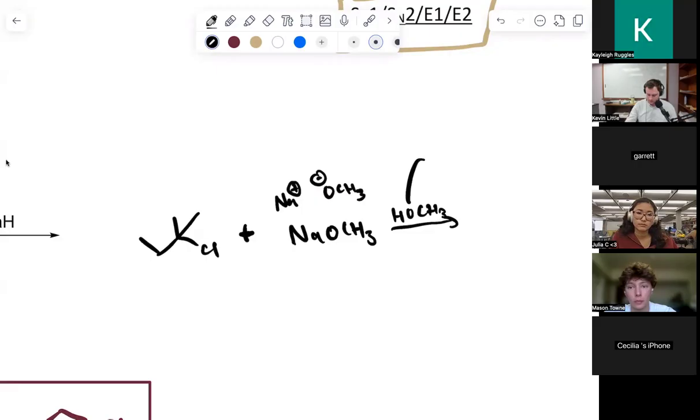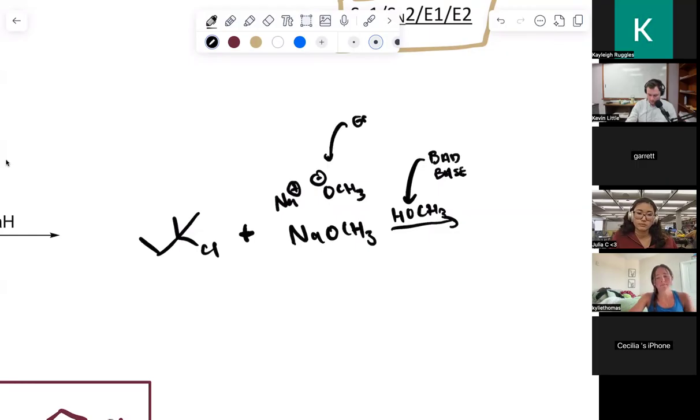Then what is this? Could it just act as a base? Well, this would be a very bad base, right? Where this is a very good base.